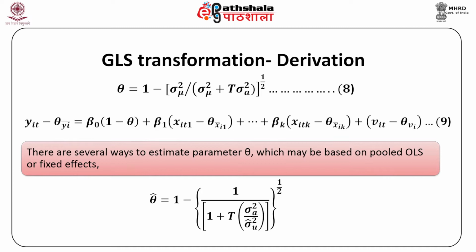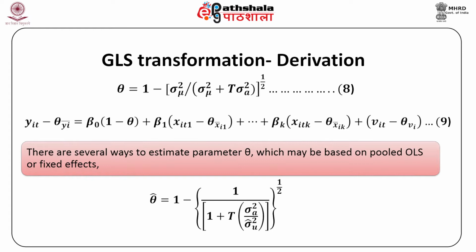Then the transformed equation turns out to be y_it minus theta y_i bar equals beta naught times 1 minus theta plus beta 1 times (x_it1 minus theta x_i bar 1) going till beta k times (x_itk minus theta x_i bar k) plus v_it minus theta v_i bar, where the over bar again denotes the time averages.